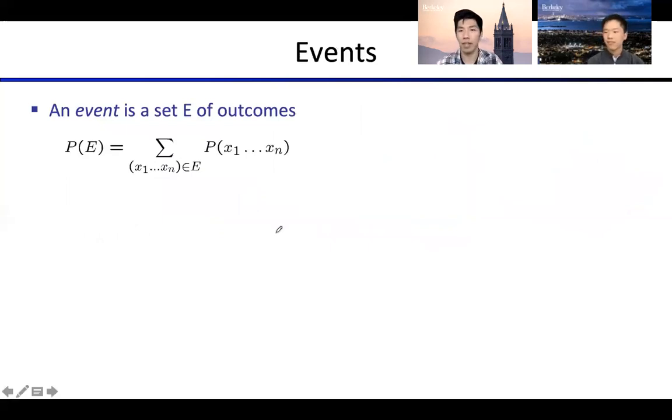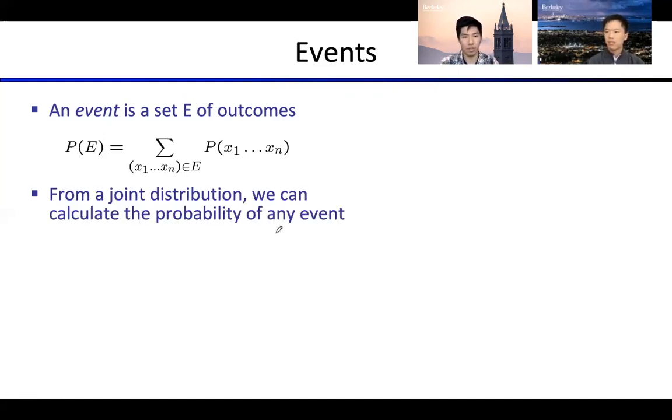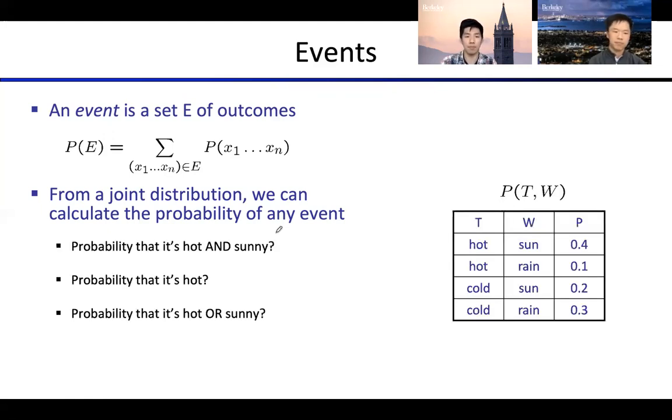Okay, let's talk about events. An event is basically a set of outcomes, and the probability of that event is the summation of the probabilities of all the outcomes that constitute that event. Let's go over an example. From a joint distribution, we can calculate the probability of any event, because the joint distribution offers us a very powerful way to model the probabilities.